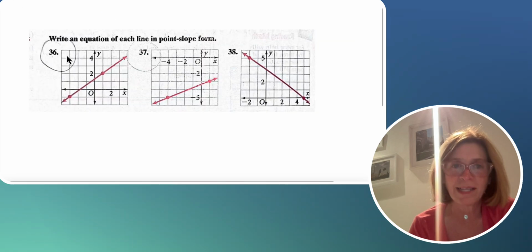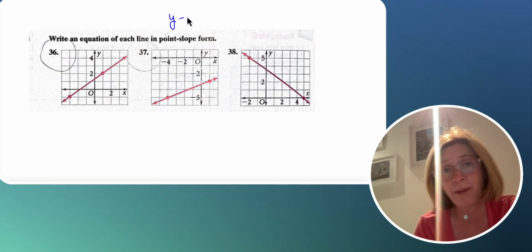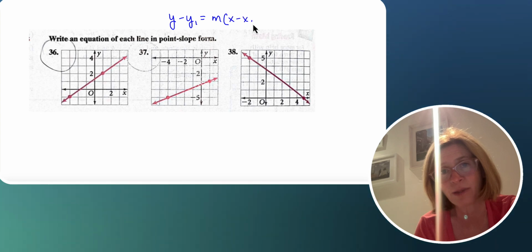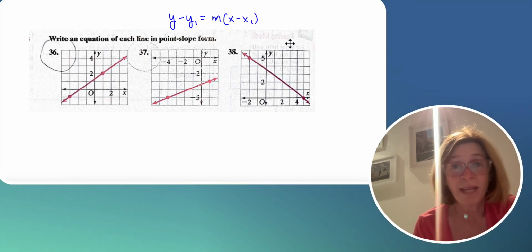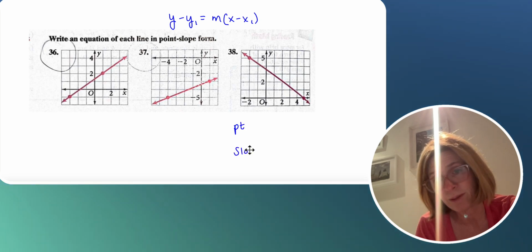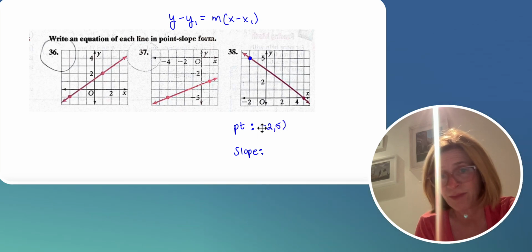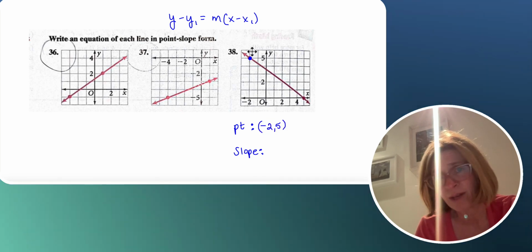All right, one more. It says write each equation of a line in point slope form. So there it is again: y minus y1 equals m times x minus x1. What are the things that we need? We need a point and we need a slope. I'm going to find those from the graph. I can see that I have a point here. That point is -2, 5. Then I'm going to find my slope using rise over run.